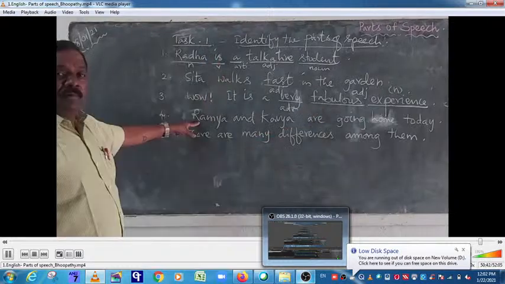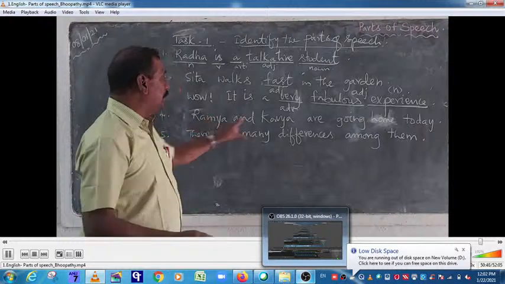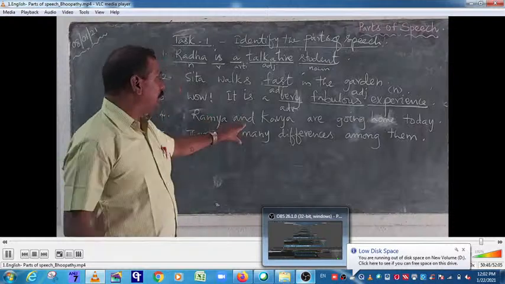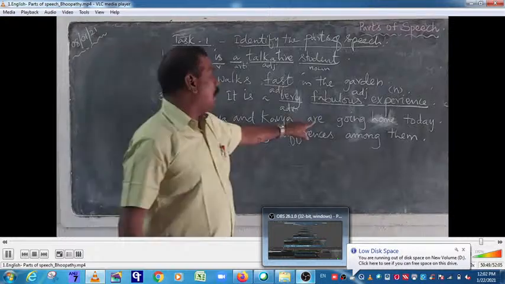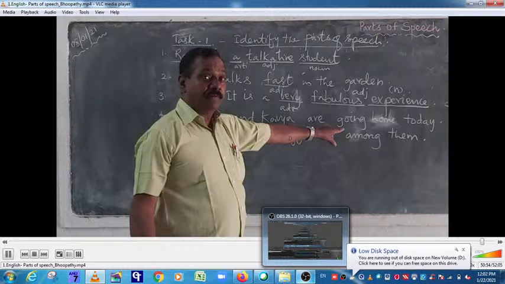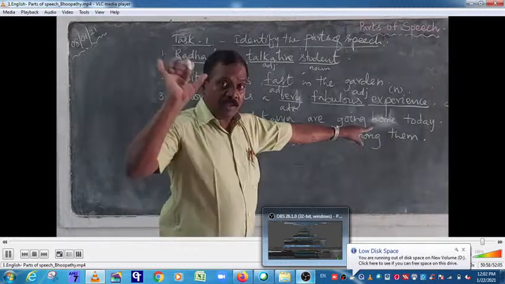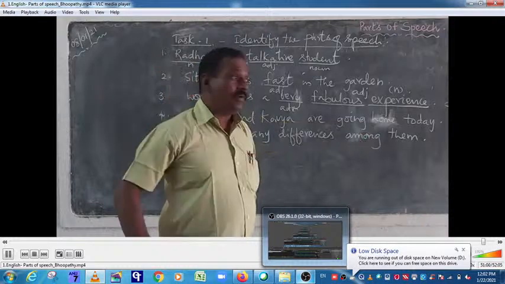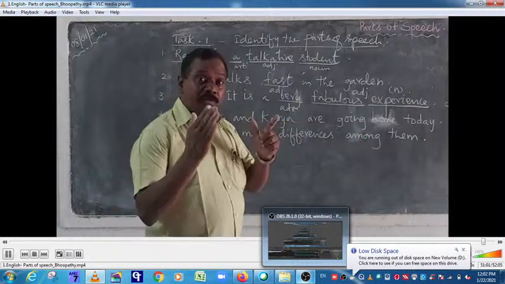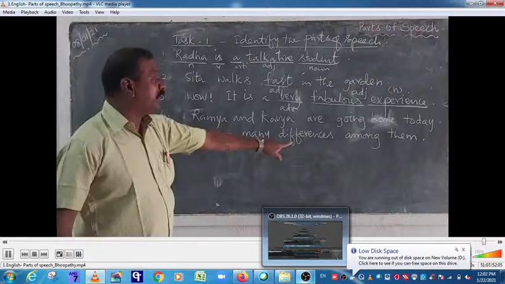Next, Ramya, name of a girl, and it is connecting or joining the two girls, Ramya and Kavya. So, this is a conjunction. Is, helping verb. Going, main verb. Going is a main verb here. Home, name of the place, that is a noun. Today, that shows the time. There are many differences among them.